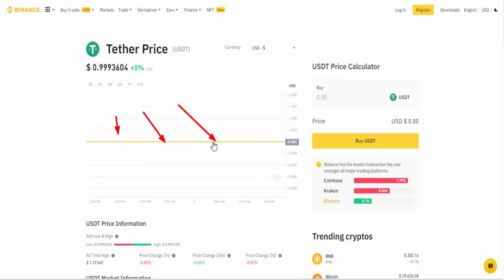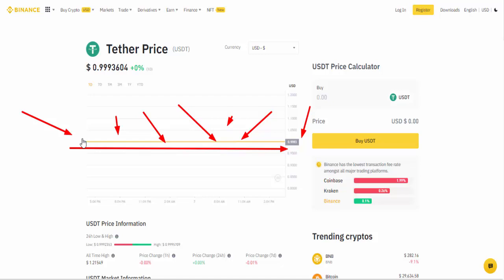It remains stable like a parallel line, as you can see on your screen. It is a straight line, and only cents change. The current price of this coin is 0.9993004, which is almost equal to $1.